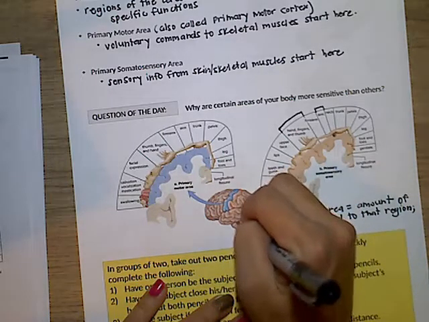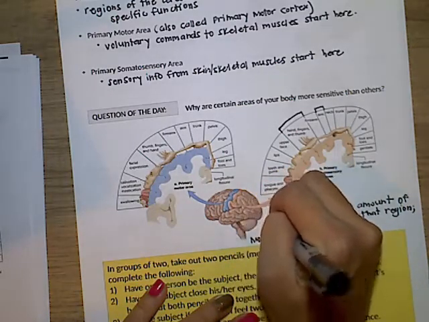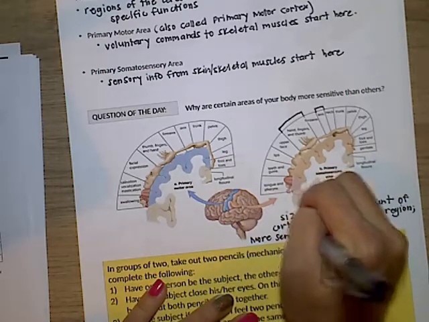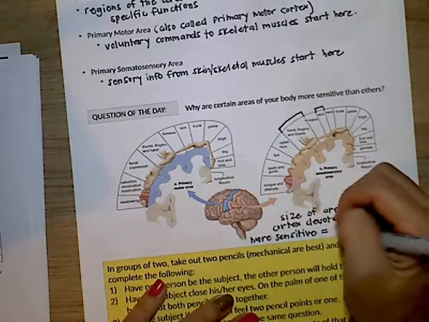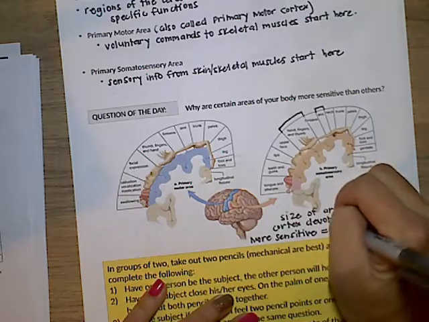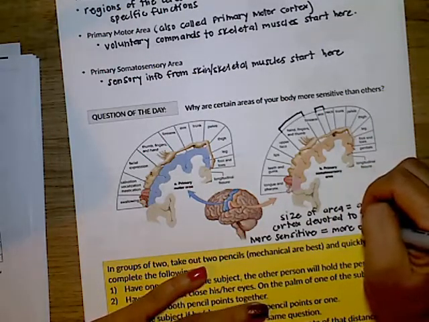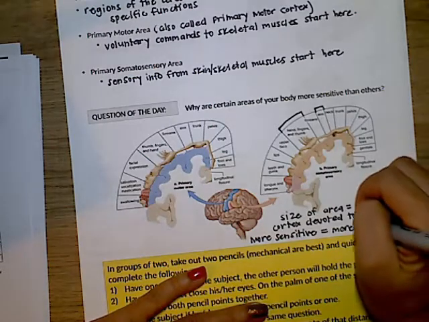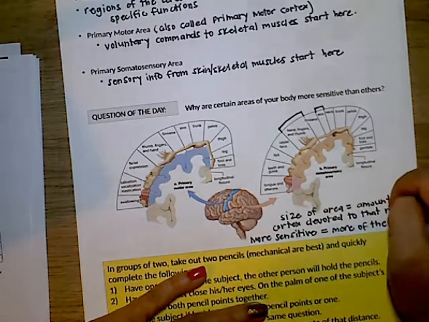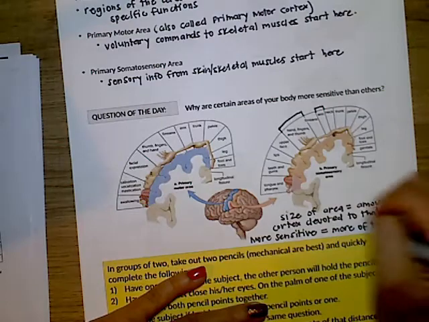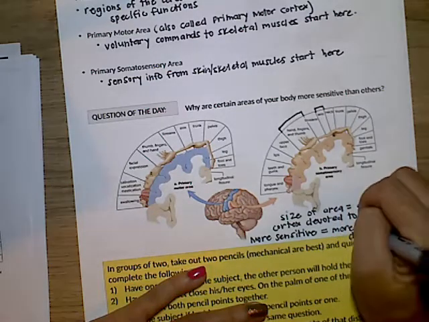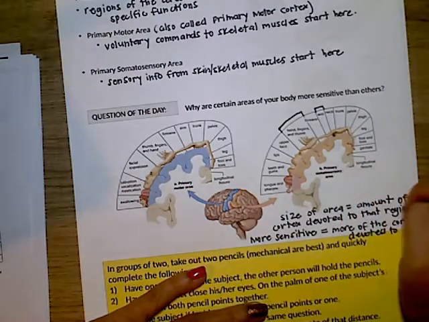So more sensitive parts of your body equal more of the cortex devoted to that area.